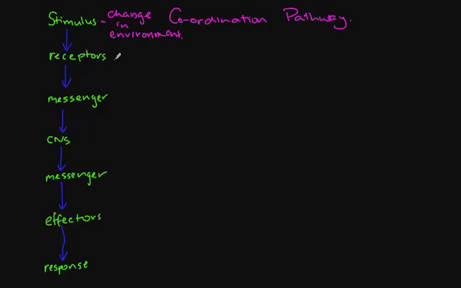So the receptors, so the things that detect the change, these are sensory cells. In this case, these sensory cells are going to detect heat and pain. They then transmit that information into electrical impulses.